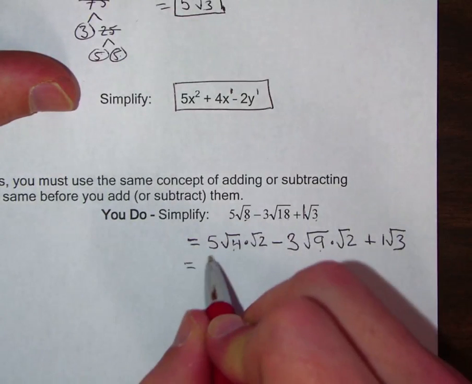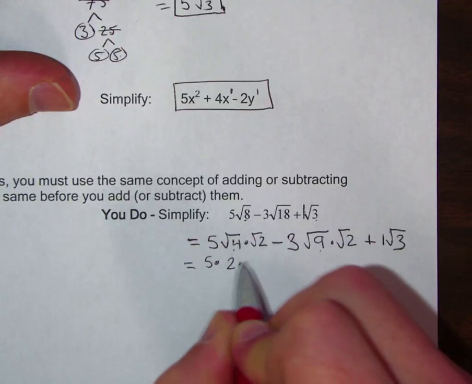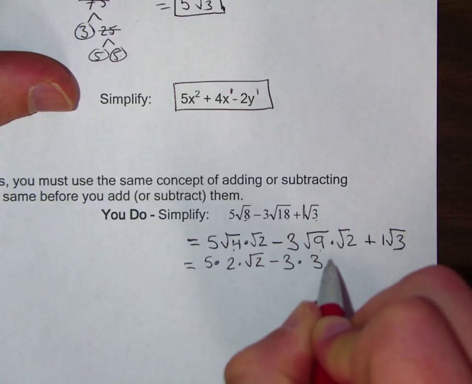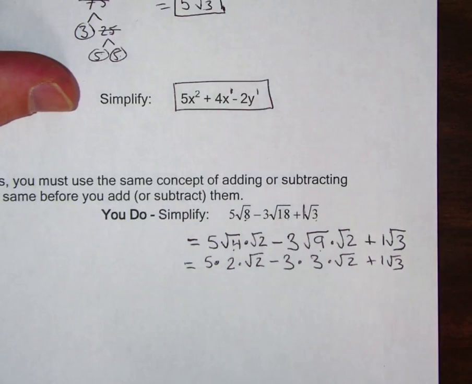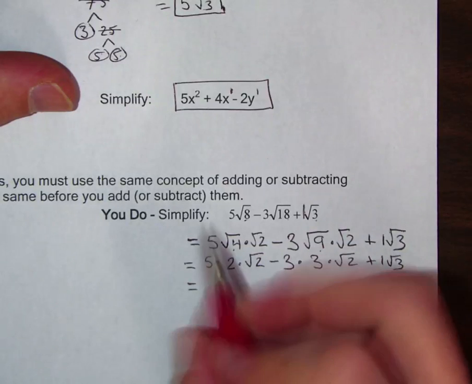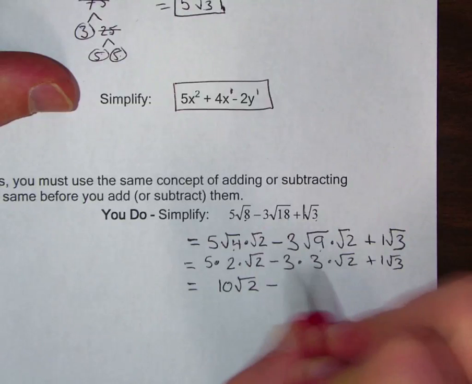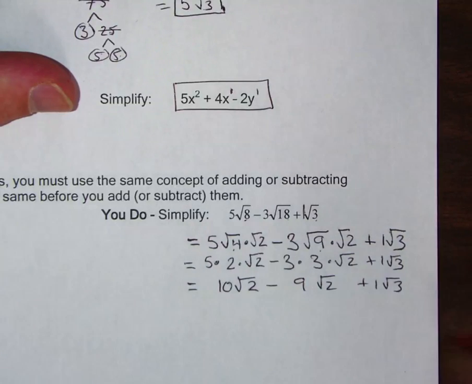Let's reduce. This is 5 times what? Well, square root of 4 is really 2. Square root of 9 is really 3. And if we simplify some more, 5 times 2 is 10 square root of 2's, 9 square root of 2's, and 1 square root of 3.